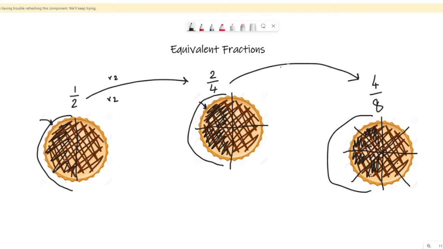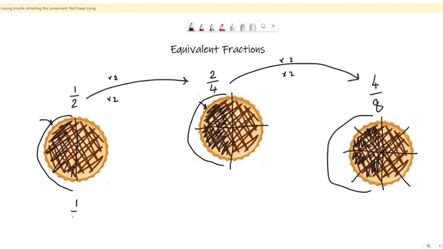Same thing with 2 becoming 4, multiplying by 2, and 4 becoming 8, multiplying by 2. So we are multiplying the whole fraction, the numerator and denominator, by the same number.